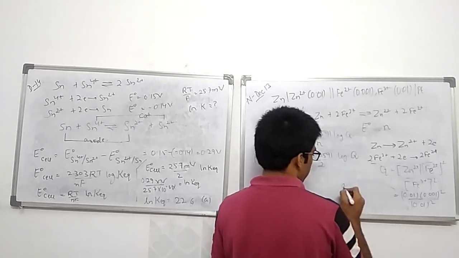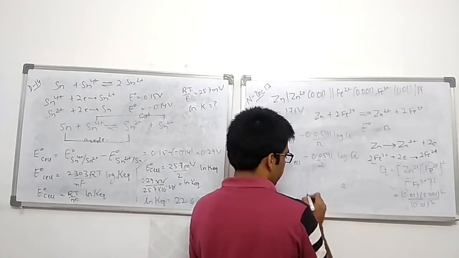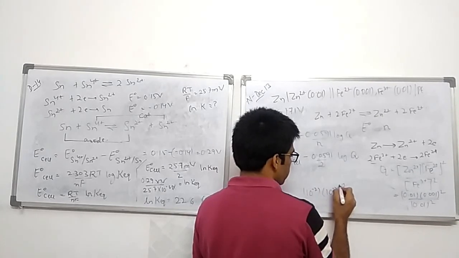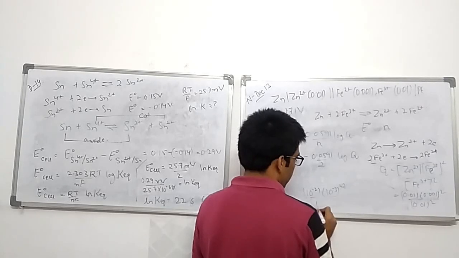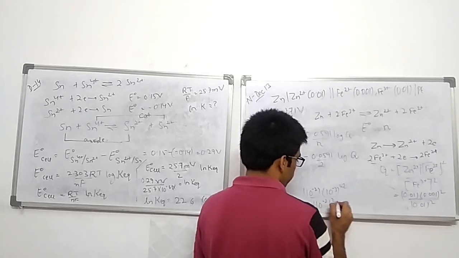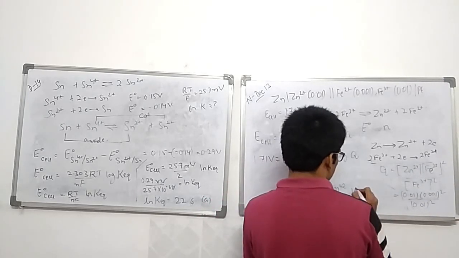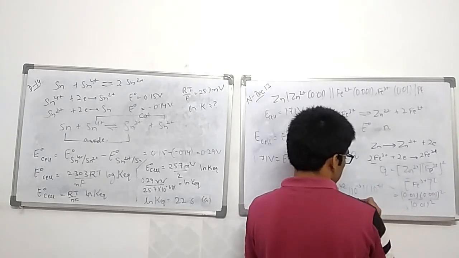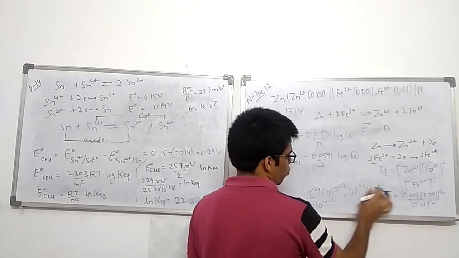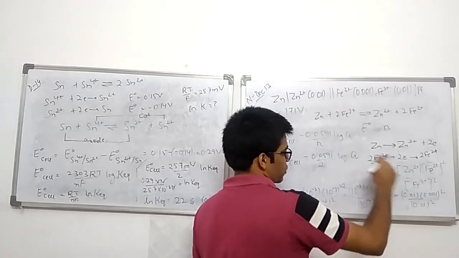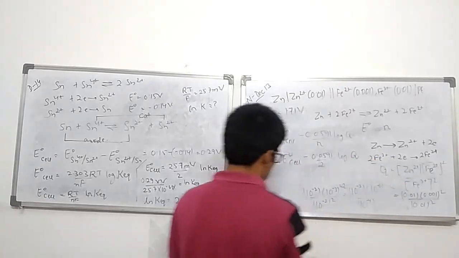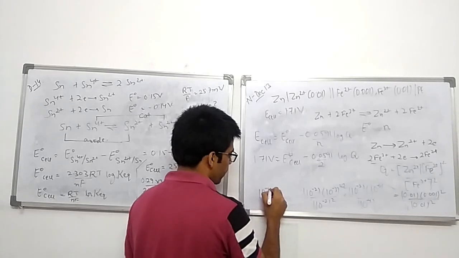I would get 10 power minus 2, 10 power minus 3 square, upon 10 power minus 2 square. That means I get 10 power minus 2, 10 power minus 6 and 10 power minus 4. Now see, minus 2 minus 6 is minus 8. This minus 4 goes up, becomes plus 4. So I have got minus 8 plus 4 is minus 4. So what I am left with is 10 power minus 4.